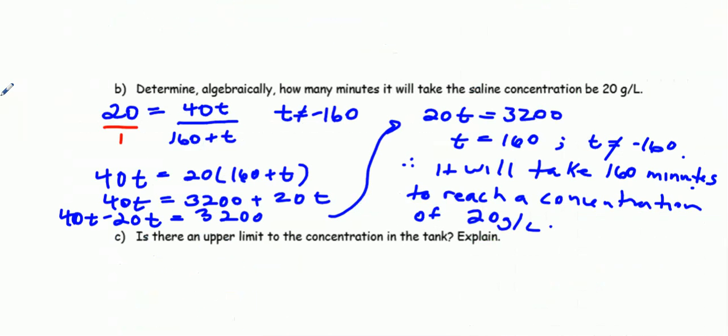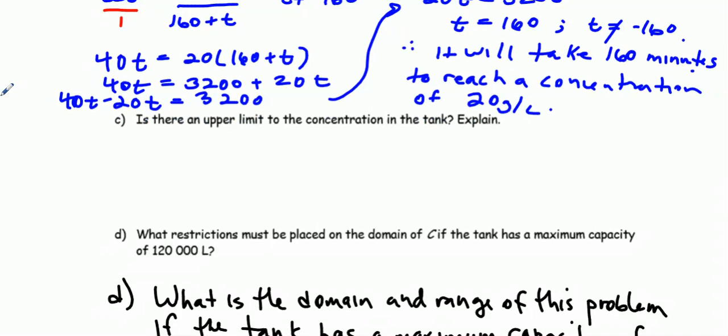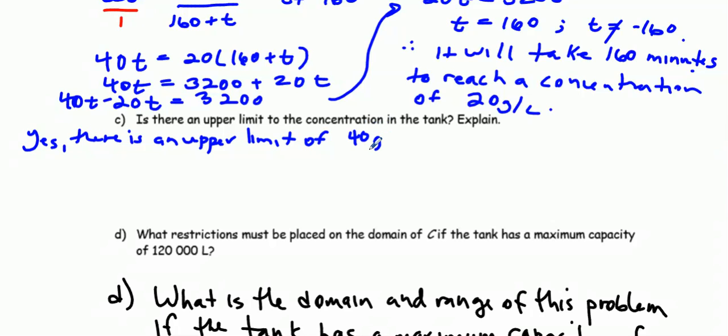You should not just be saying, oh, there's a horizontal asymptote of 40 grams per liter, or of 40. You should be talking about the context of the problem. So we could say, yes, there is an upper limit of 40 grams per liter.